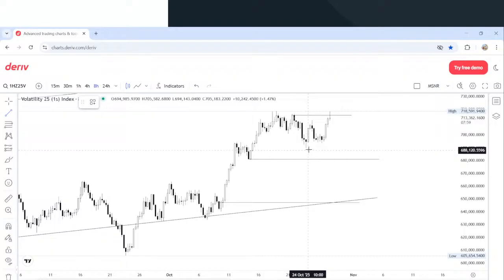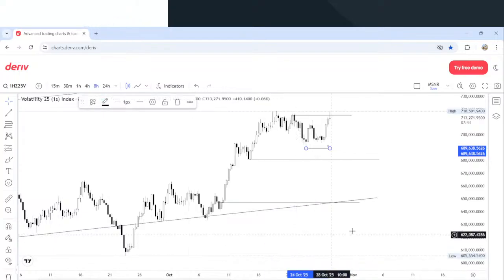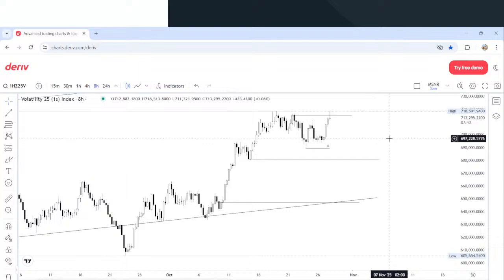I don't know why I'm exhausted already. There we go. This is our X, which is our liquidity. You see those wicks are still there, those 2 weeks. The market wanted to take them out.